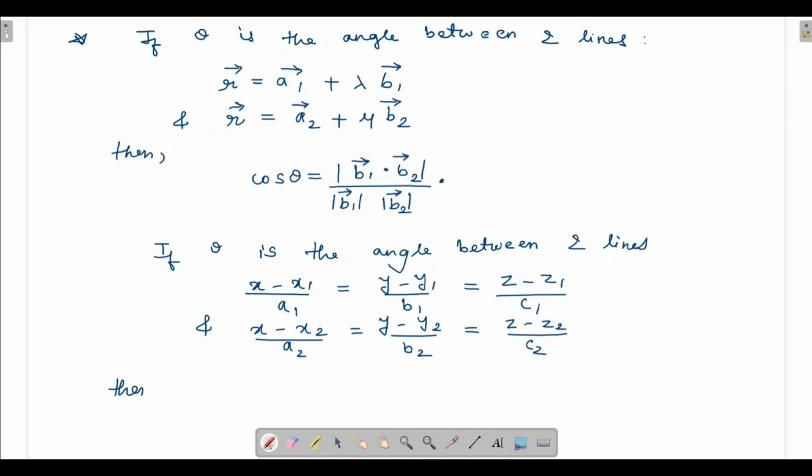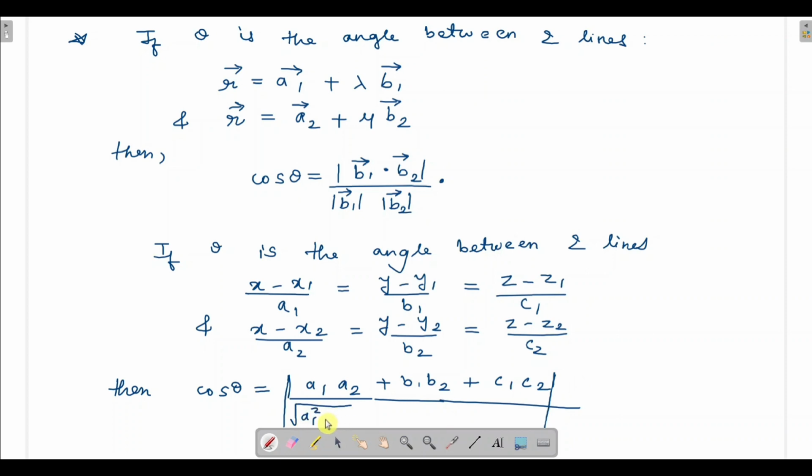Then cos theta will be modulus of a1 a2 plus b1 b2 plus c1 c2, okay, this whole modulus, divided by root of a1 square plus b1 square plus c1 square, into root of a2 square plus b2 square plus c2 square, which is the same formula that we got earlier.